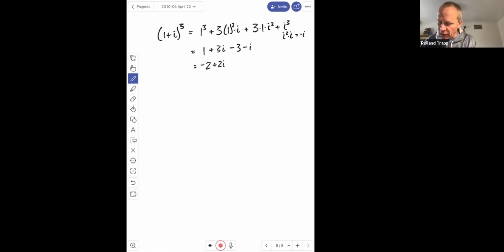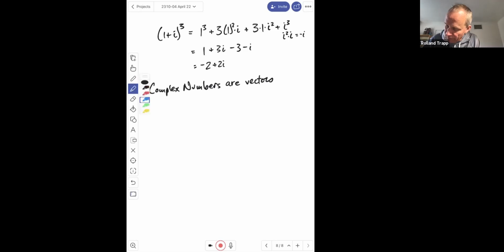So that's what I want to talk about now: the geometry of complex numbers and vectors. Complex numbers are vectors. That's how you want to interpret it.